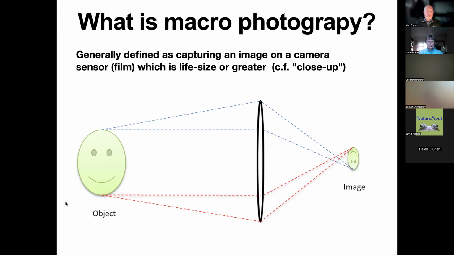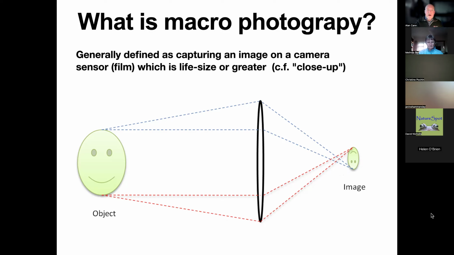In macro photography, the object is generally much closer to the camera, because obviously if you try and photograph something small a long way away, you don't get a very good image. And the image is at the same size or even greater than the object. So if you think about how this ray diagram would change under those circumstances, the object would be here, very close to the lens, and we'd be bending the light an awful lot to form that image on the sensor.